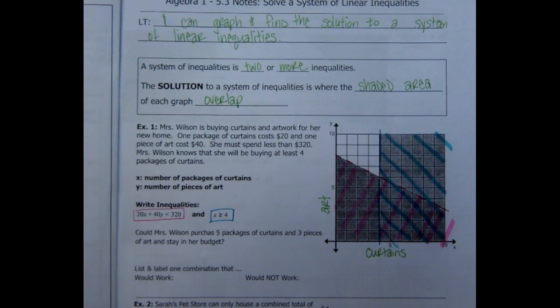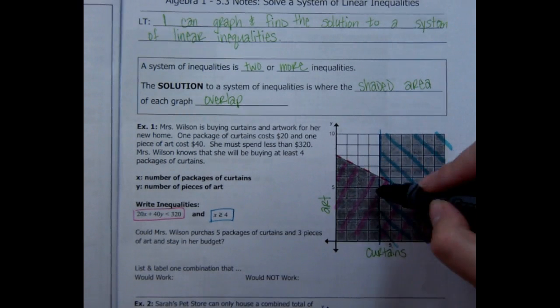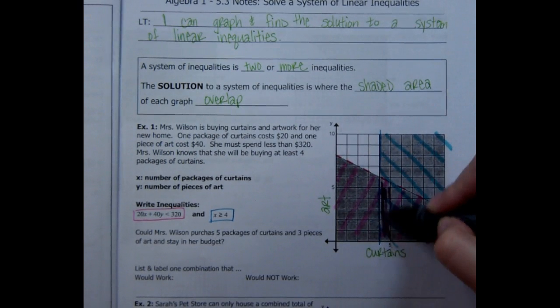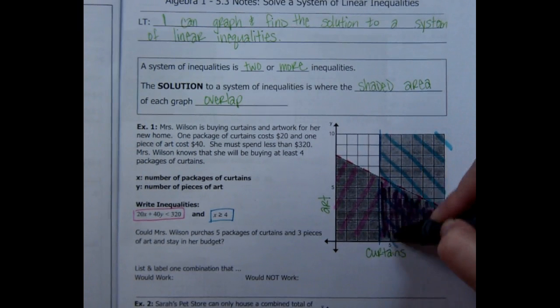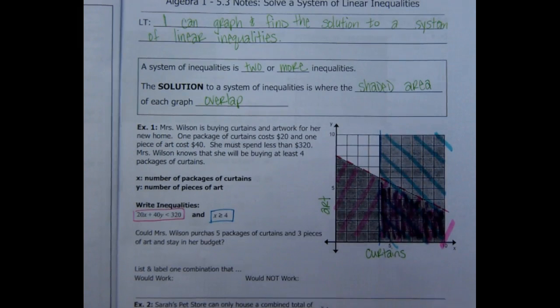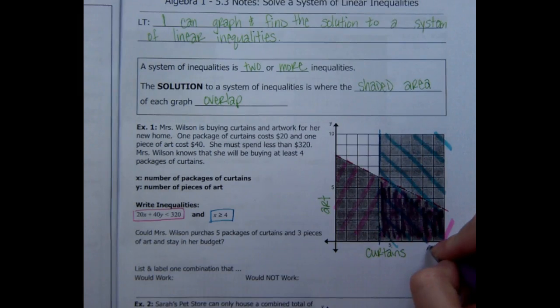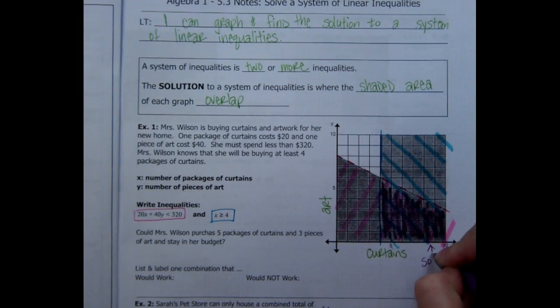So we said that the part where there is overlap is this area right here. That is our solution area. So I'm going to go ahead and shade that a little darker so we can for sure tell. And then I am going to label it solution area.